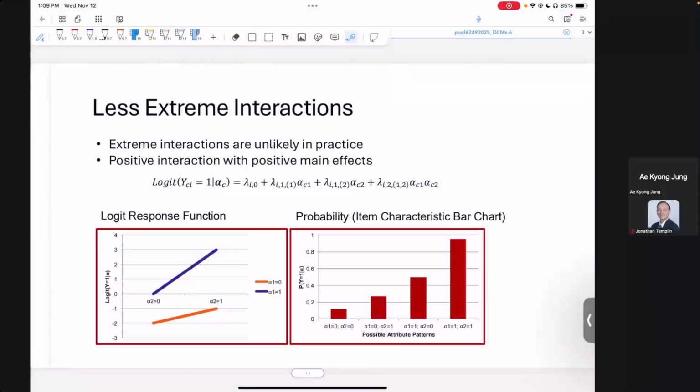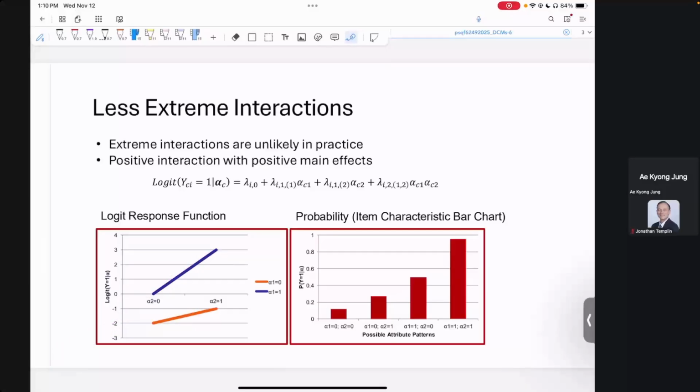Let's see an example when there is a less extreme interaction. Extreme interactions are unlikely in practice. And this shows a positive interaction and a positive main effect. So if you see the equation here, we have the intercept, the main effects, and one interaction effect. And as these lines cross each other, we can tell there is an interaction.